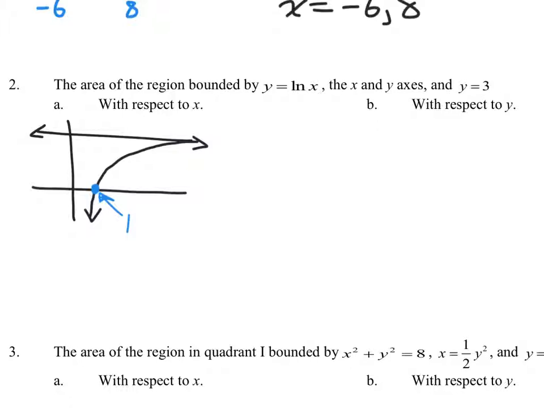So it would be handled in 2 possible ways. I would either need 2 separate integrals, broken up based off of that change in dominance, or one integral to address this component, and then some geometric component, right?